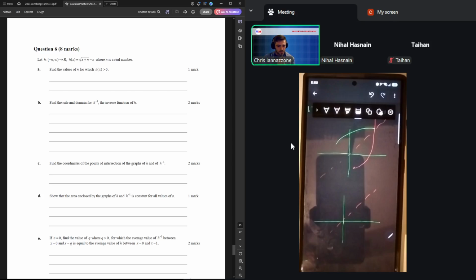And my graph was something like this. Okay. And at one point, these ends would touch, and there would be 3 intercepts. Those ends would touch.